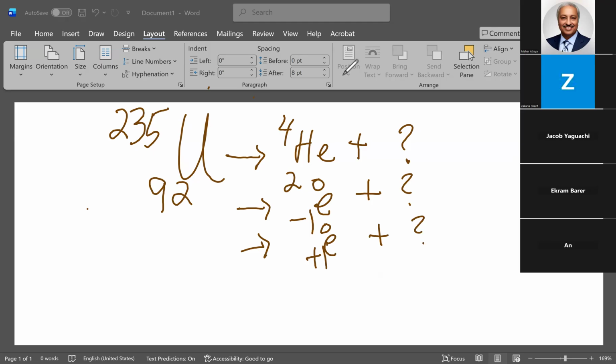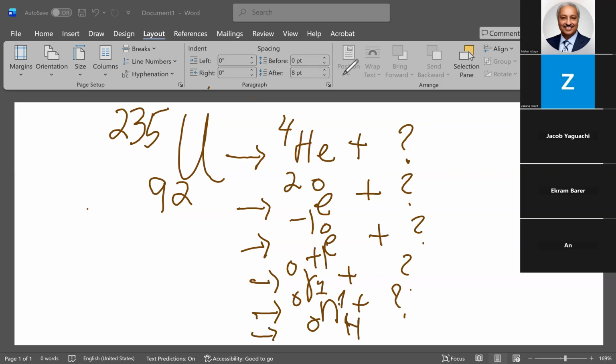So alpha, beta, how about gamma? 0, 0, plus unknown element. So we have 4 now. Neutrons, N with the top one, 0 mass, plus unknown element. And the last one here, we have proton, atomic mass is 1, atomic number is 1, plus unknown element here. So somebody will help me to get the first one.